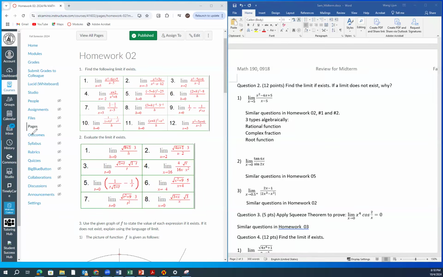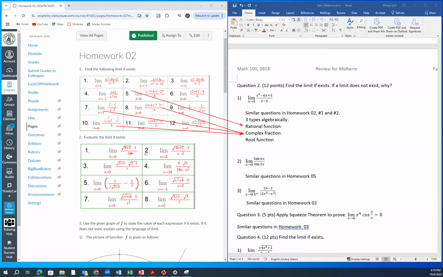So 1 to 6 are the rational function type. Complex fraction is this type, and these are complex fraction types. You see what I meant?